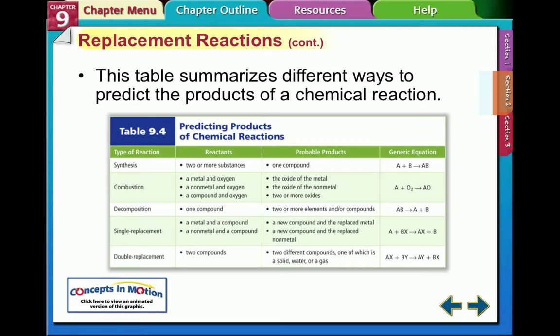This table summarizes different ways to predict the product of a chemical reaction. So you can see over here we have all of the types of reactions: synthesis, combustion, decomposition, single replacement, and double replacement. We have the reactants, what the probable products could be, and the generic equation. So when you are asked to identify the chemical reaction, you can use this table to help you.